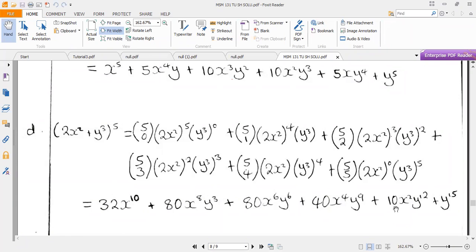If this question is allocated 2 marks, then just showing this, you earn your 2 marks. But if it's allocated, let's say, 5 or 6 marks, then they want you to show how you found 5 choose 1, 5 choose 4, and so on. But I think that won't be necessary because even the lecturer will know what 5 choose 3 is. So yeah.